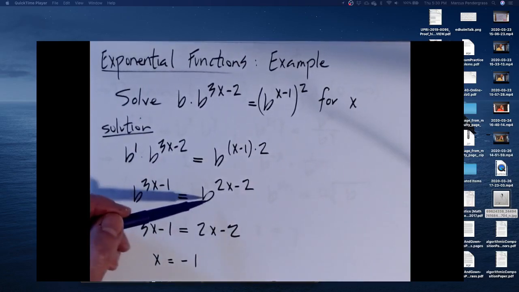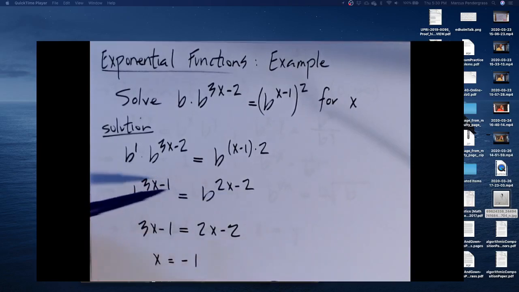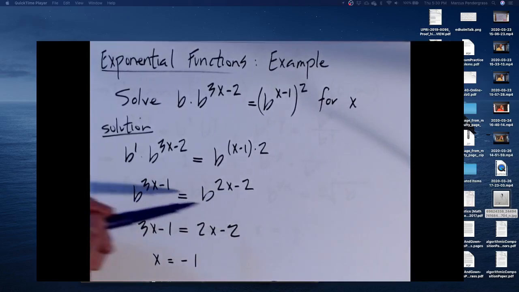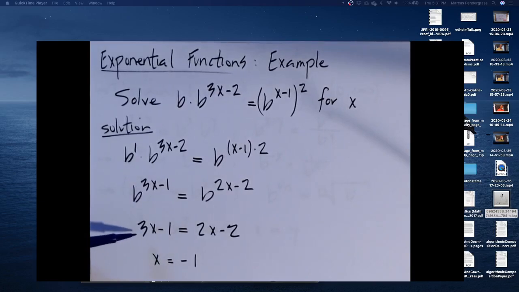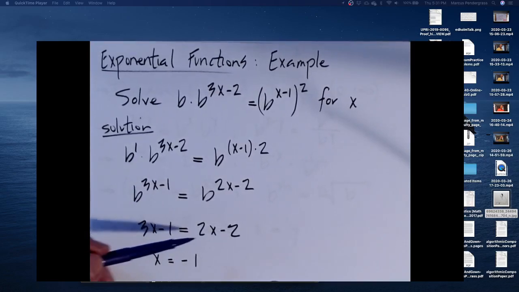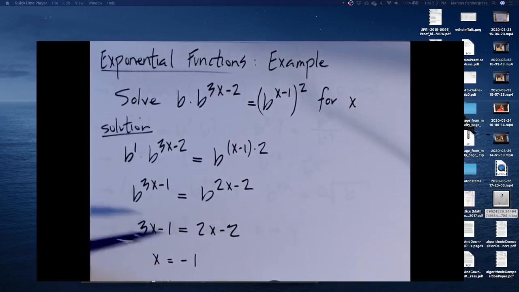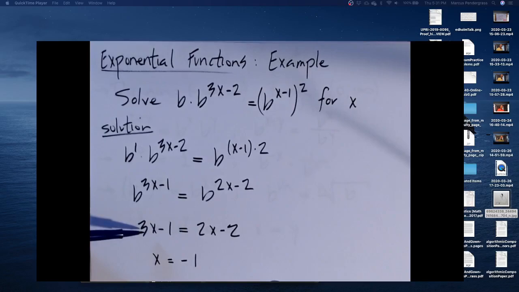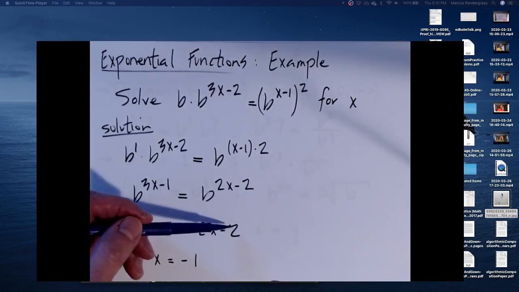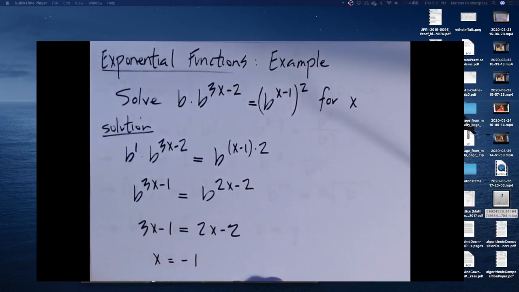And now we have the same base and different powers, but the two exponential expressions are equal. So that means the two exponents have to be equal. So 3x minus 1 has to be 2x minus 2. And now I can just solve that for x. I'll bring the 2x over here and the 1 over here, so I just get x equal negative 1 as the solution for that equation.